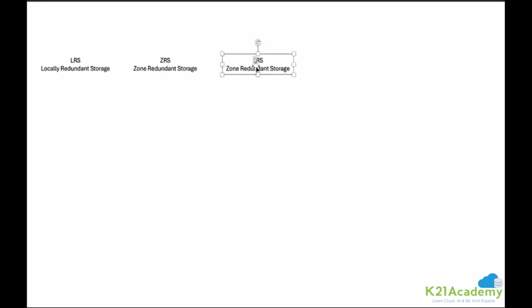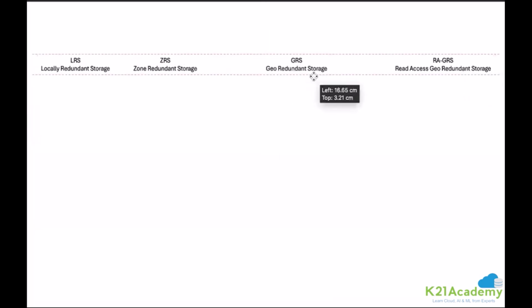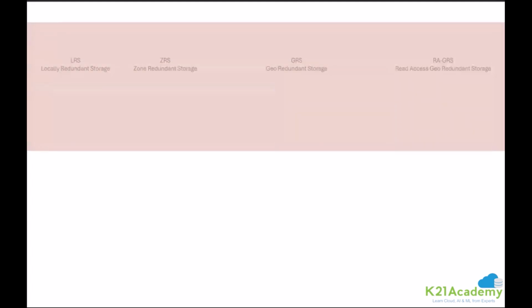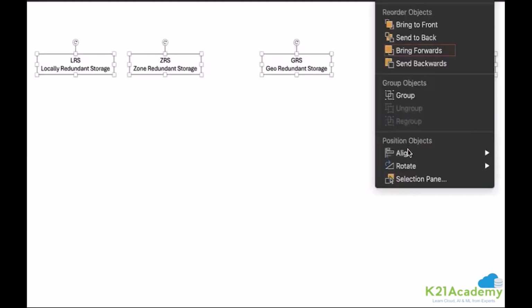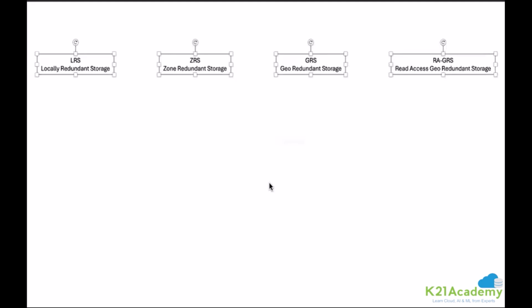We do have GRS, which is geo-redundant storage, and last but not least RA-GRS, which is read access geo-redundant storage. There are 2 more. Right now, I'll talk about these first 4, and then we will talk about the remaining 2, and what all the options Microsoft is offering over here.